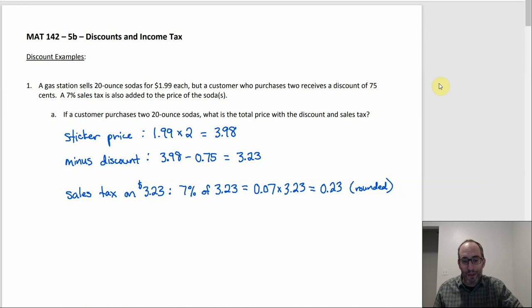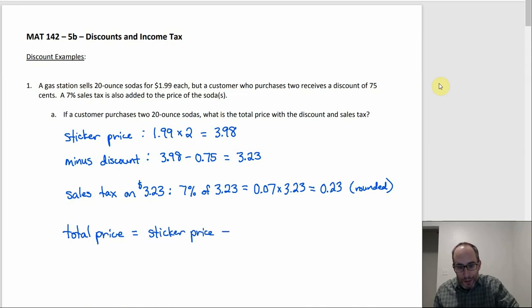And okay, fine. Well, now we can actually figure this out, because then the total price that the customer would actually pay. So you'd start with the sticker price, but then they get the discount, so minus the discount, but then plus the sales tax.